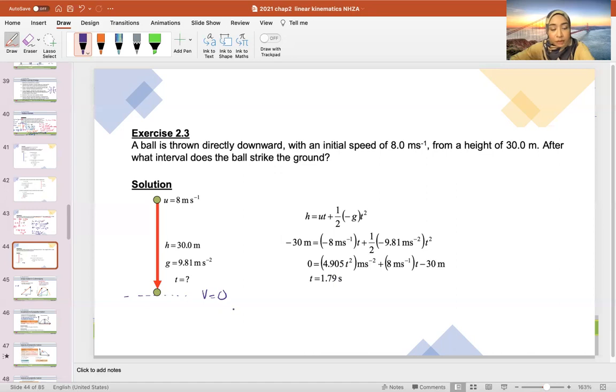But you're right. With linear kinematics, when we use the equations, we are trying to describe the motion.